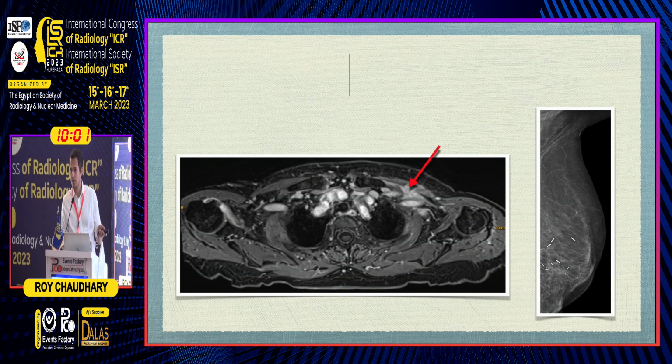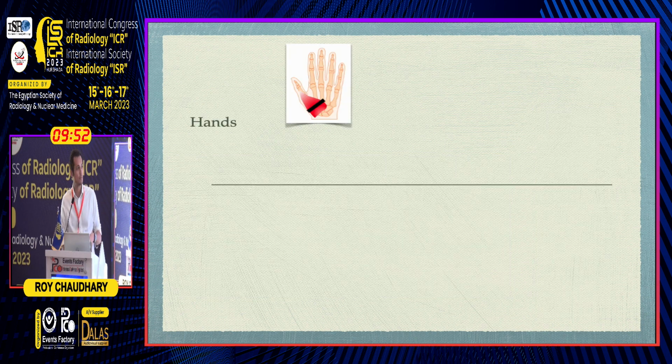We went back and looked at some previous images and found that this patient had had a mastectomy with clips, and the diagnosis was a breast cancer metastasis. So my learning from this case was that the pattern of muscle denervation can be very helpful in evaluating brachial plexus problems.